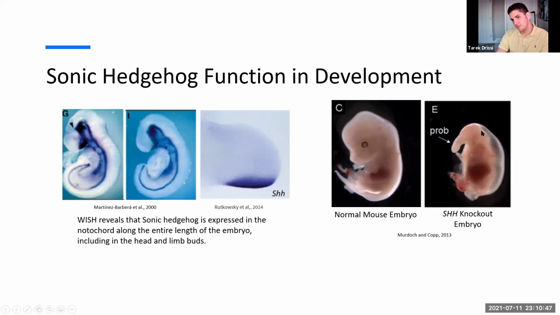We also see this transparent part is actually a lack of a spinal column. So without Sonic Hedgehog, the embryos don't get a spinal cord. Sonic Hedgehog is required to form a spinal cord, this gene. And then we see there's hands and limbs for this embryo, but there's none for this. So it's required for the formation of hands. So yeah, there's a few things that Sonic Hedgehog is important for.